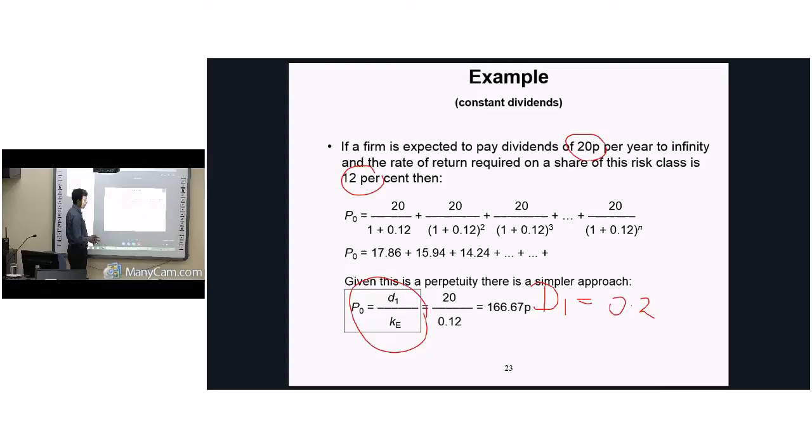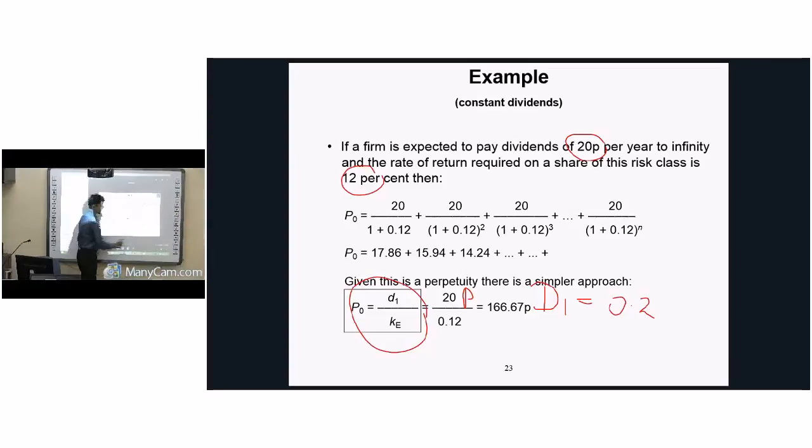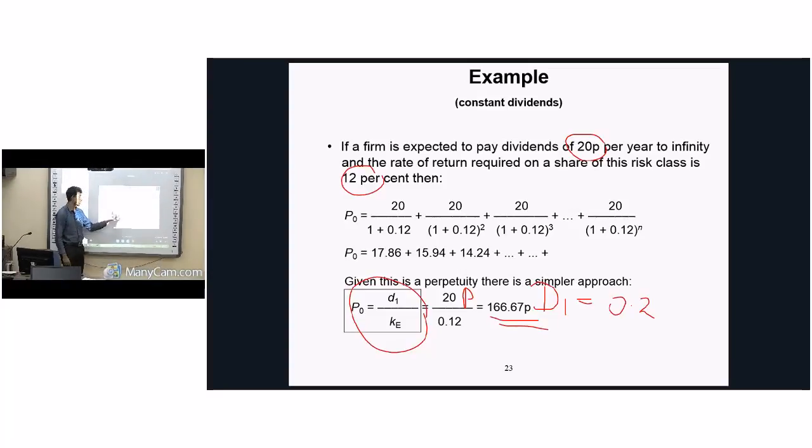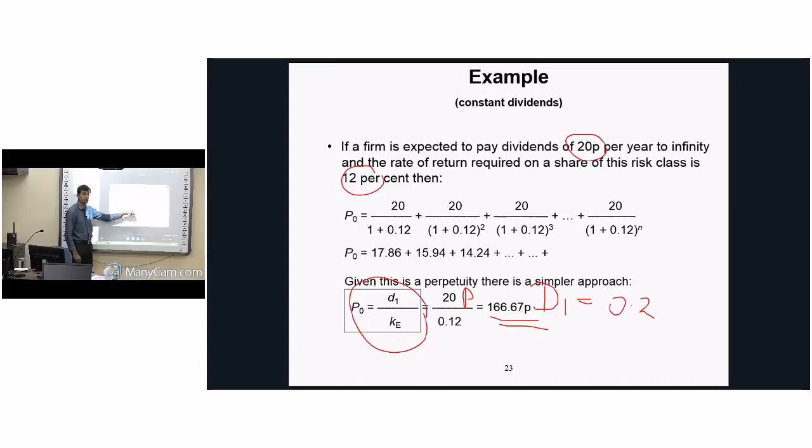So here you will get it in pence. You will get the value of the share. Since you have the dividends per share, you will get the value per share. So the value of one share of this firm is going to be 166.67 pence. In other words, 1.67 pounds.